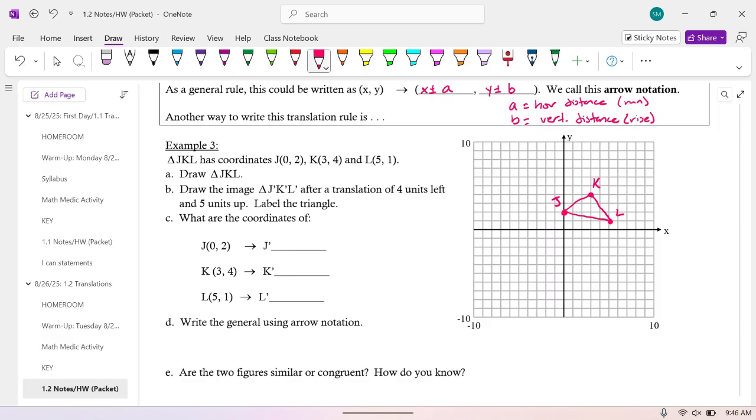Now, once you finish plotting those points, go ahead and do the next part, which is translate 4 units left and 5 units up. And make sure to label it as J prime, K prime, and L prime.